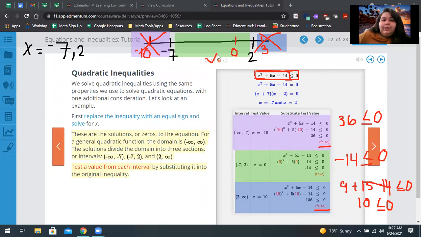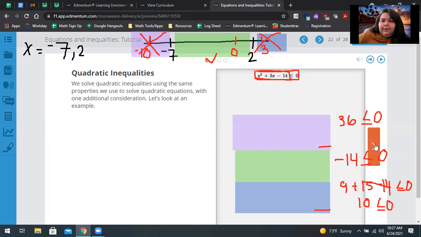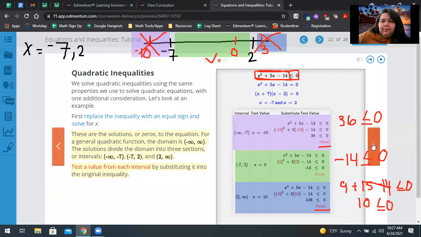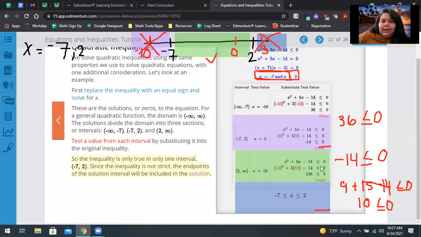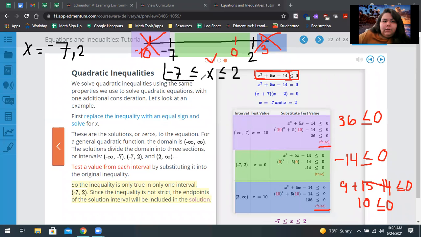So it's only true between -7 and 2. Because this is the only area that it works in, our final answer is x is between -7 and +2. You test out those values using the number line.